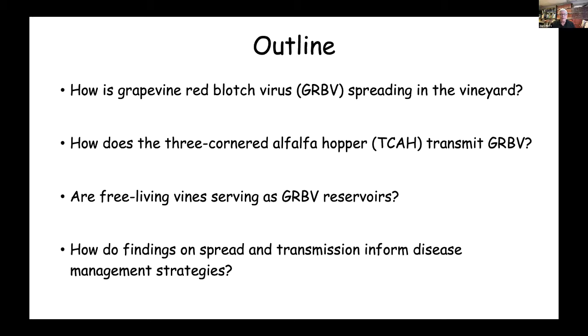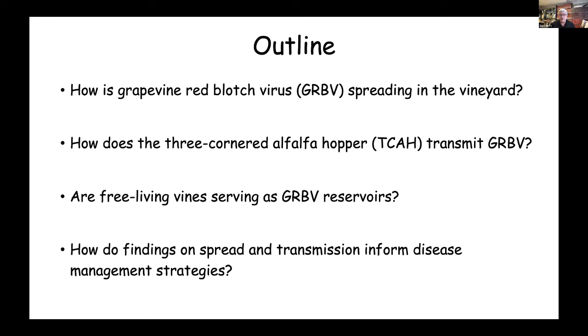How is grapevine red blotch virus spreading in the vineyard? And up front, I have to say that this virus is the causal agent of the disease. The second question I'd like to address today is, how does the three-cornered alfalfa hopper transmit the virus, the causal agent of the disease?